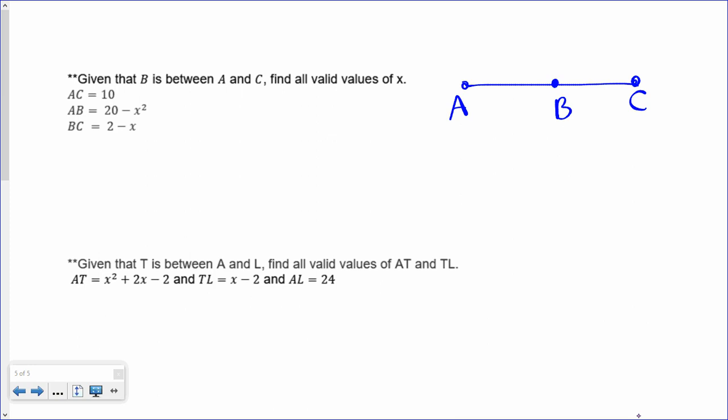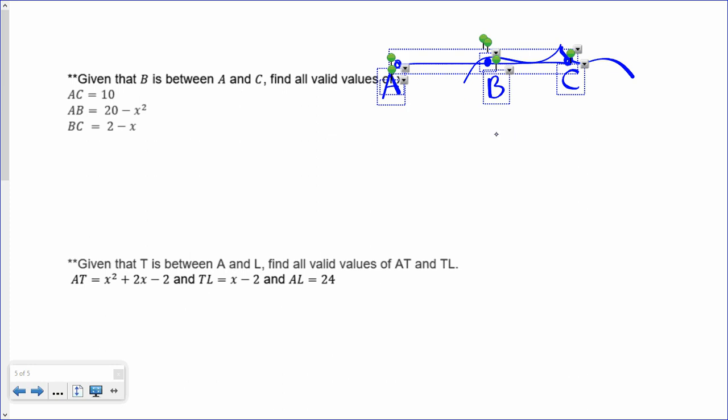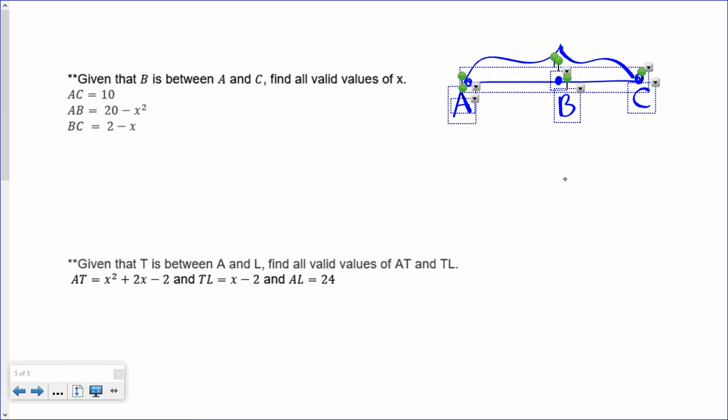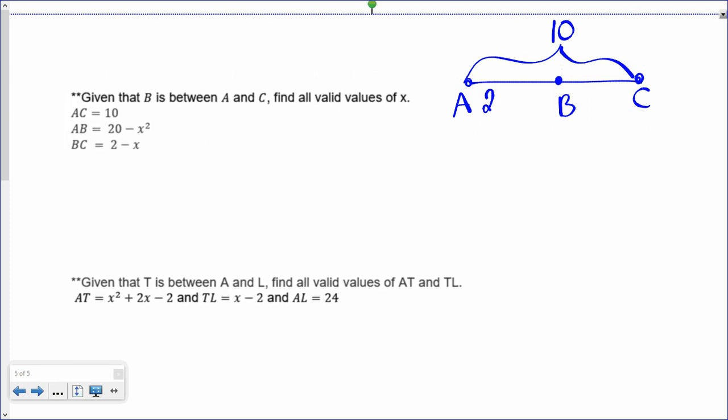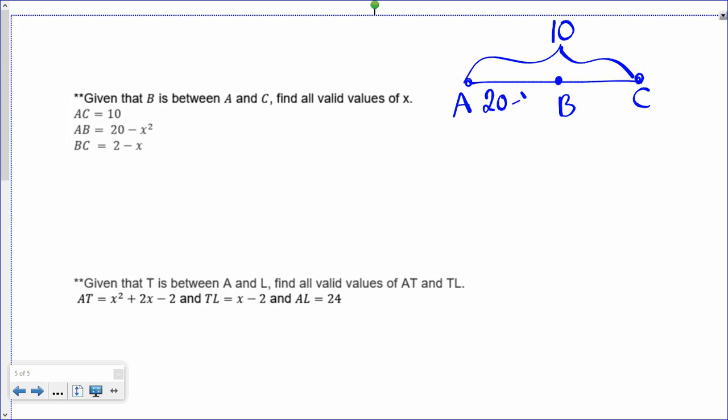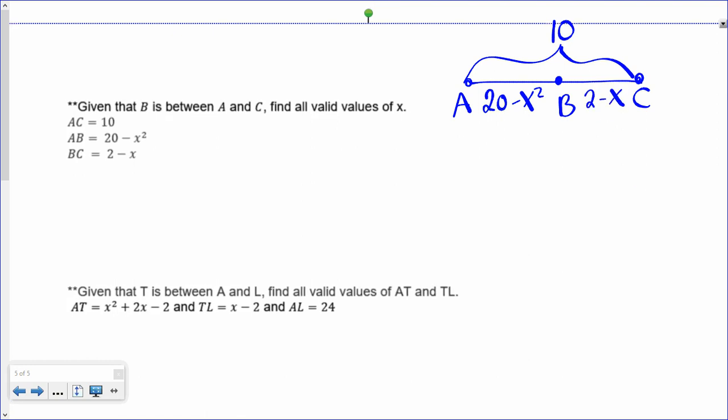Then I know that A to C is 10. I know that AB is 20 minus x squared, and I know that BC is 2 minus x. Okay, so what do you guys think?